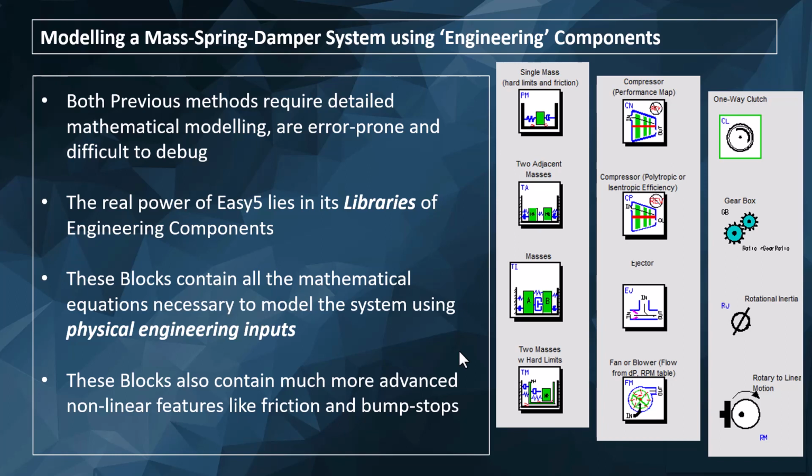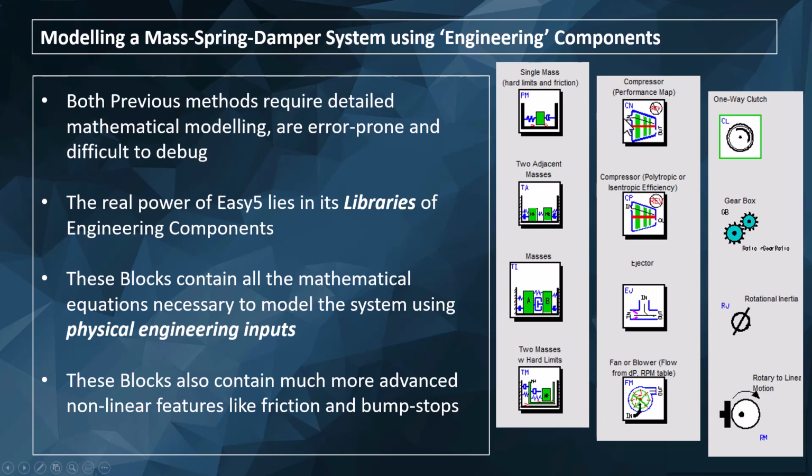These blocks contain all the mathematical equations necessary to model the system using physical engineering inputs as opposed to mathematical equation inputs. These blocks not only model the basic maths quite simply, but they also include much more advanced non-linear features, things like friction and bump stops.